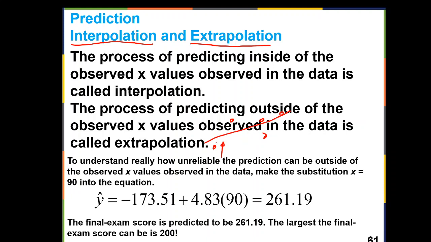So we assume that between these 2 points, the same pattern continues. But if you go way over there, we have no evidence to support that it behaves like that. So that's not allowed. What is allowed, but is risky, is interpolation.